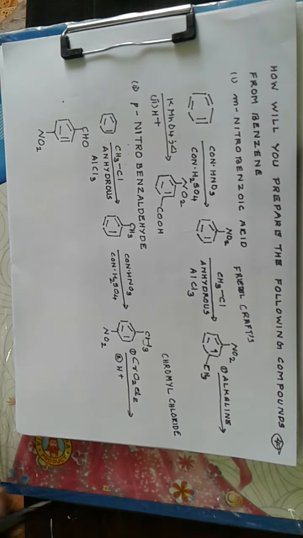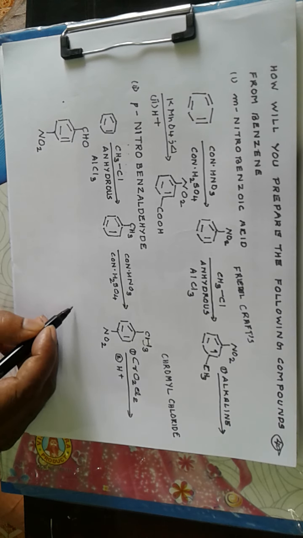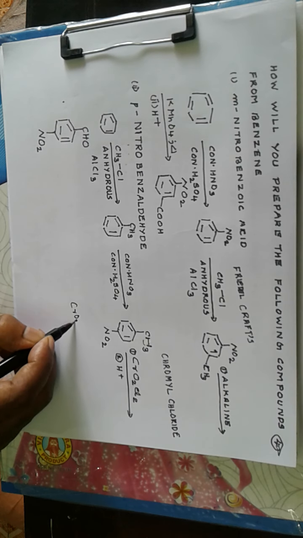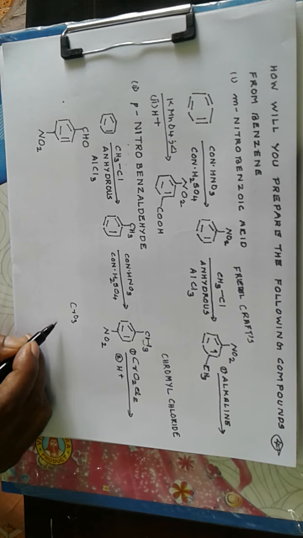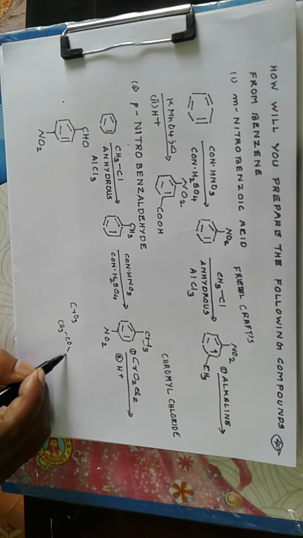That is CrO2Cl2, and then acidified the resulting product, we get a CHO group. This reaction is known as Etard's reaction, and again we can use chromium trioxide in acetic anhydride to effect the conversion of CH3 into CHO.